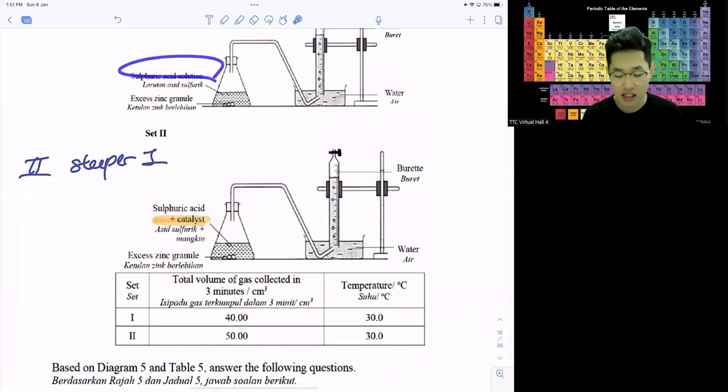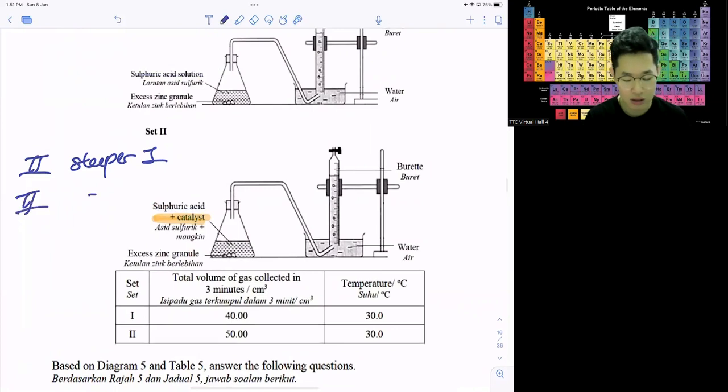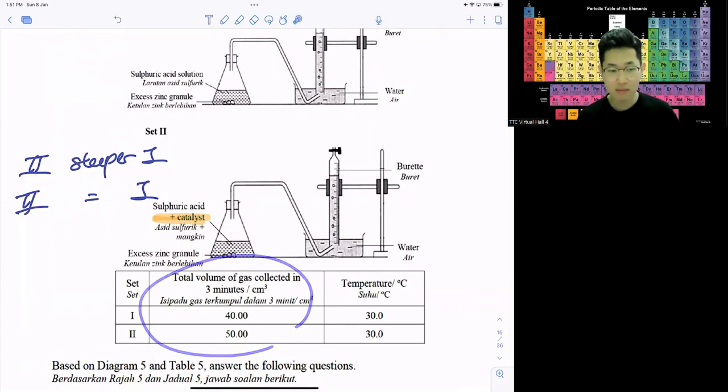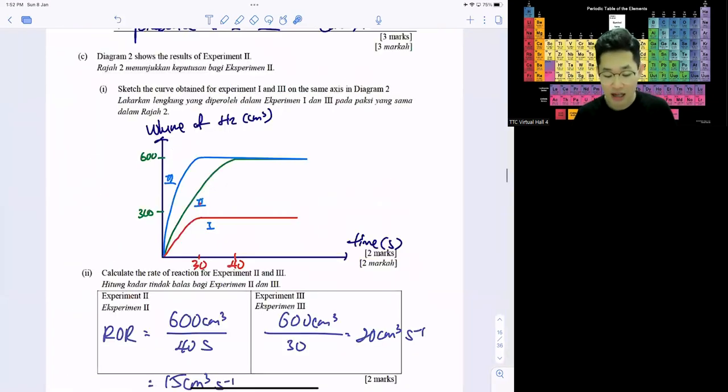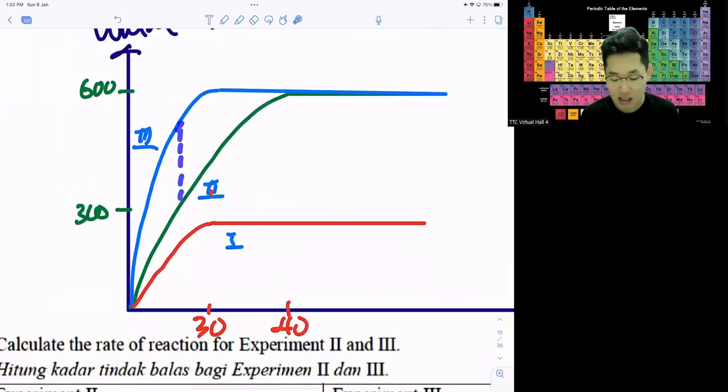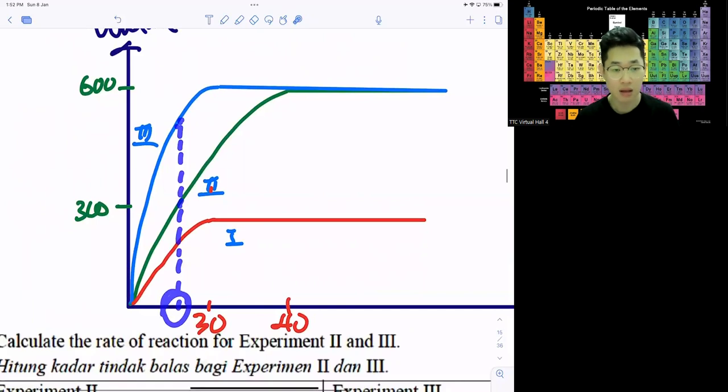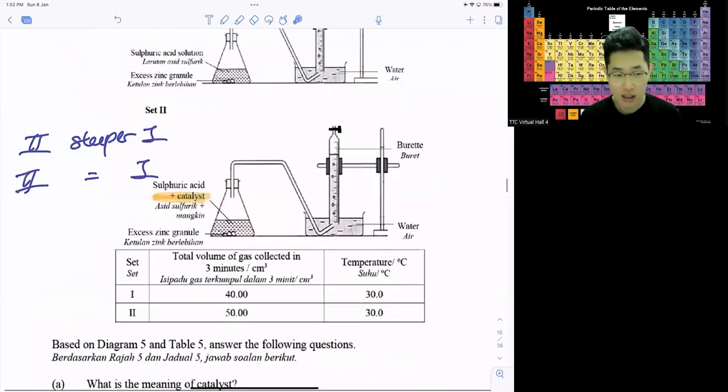Since the reactant is the same, they will produce the same amount of product. Hopefully you can understand this. This one might not be the full amount yet. It can be like the halfway, like maybe they take the halfway one, this point. Okay, so yeah.